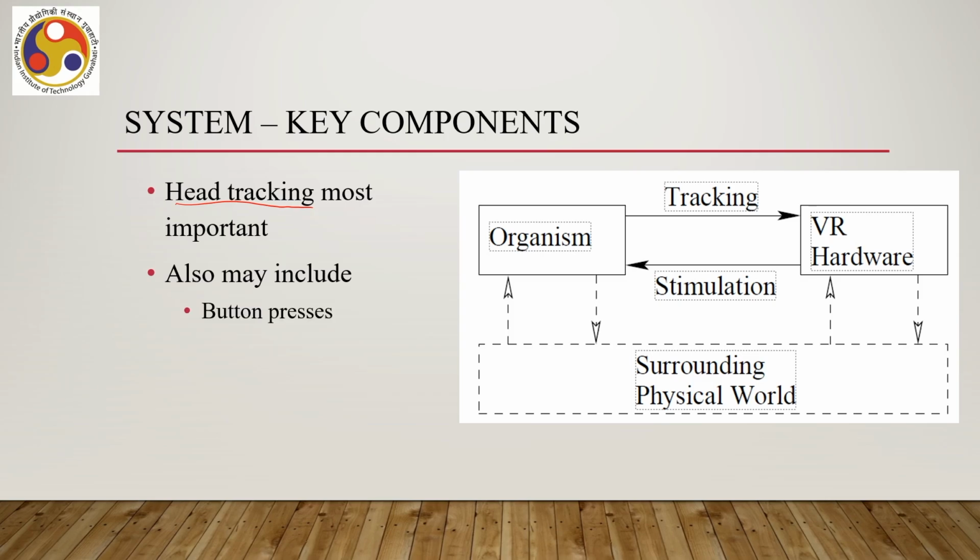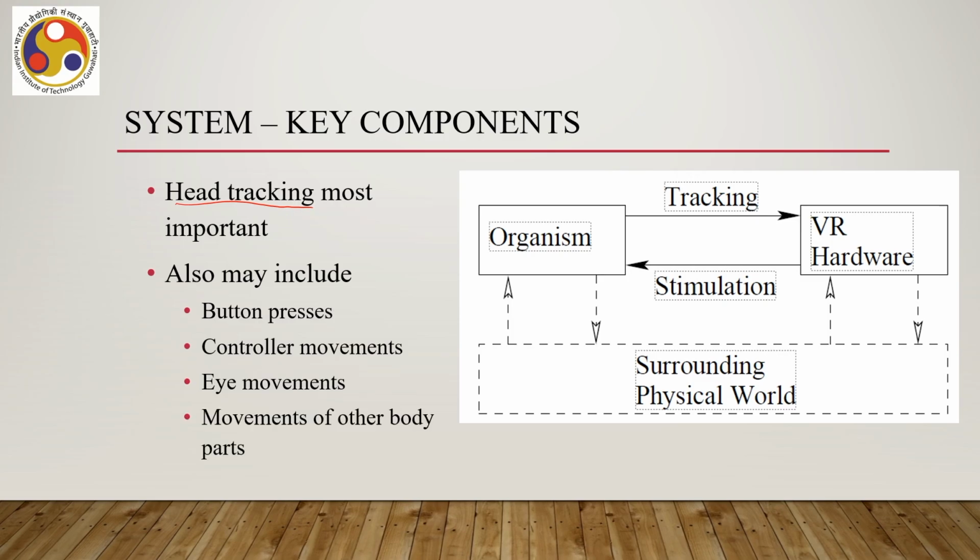So, we need to track which button is pressed in which context, controller movements, eye movements, movements of other body parts. All these things may be tracked along with head movement.